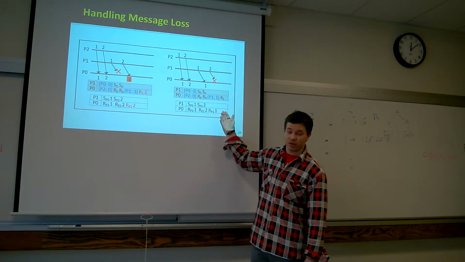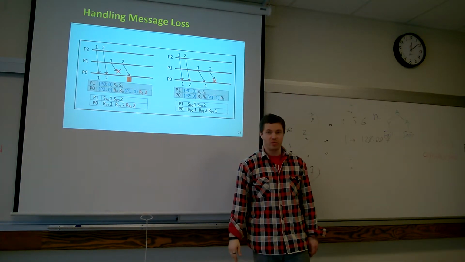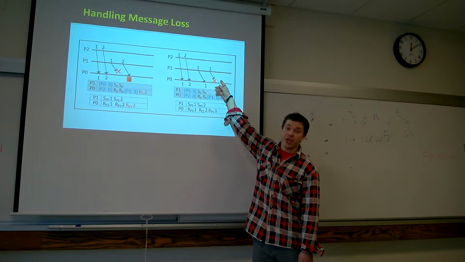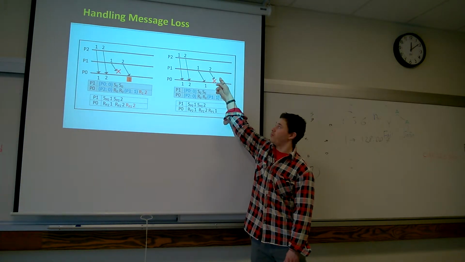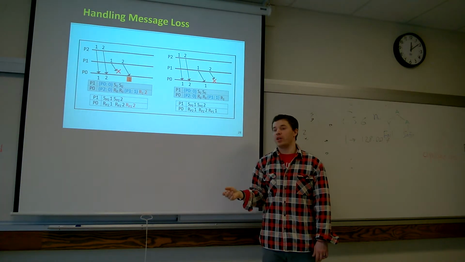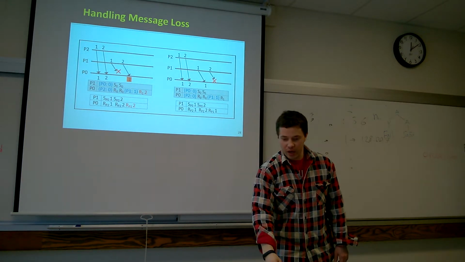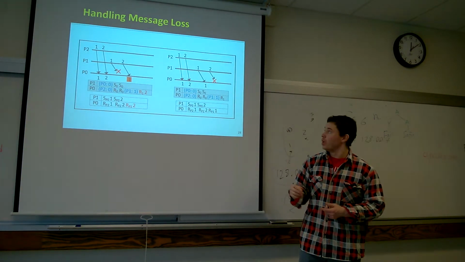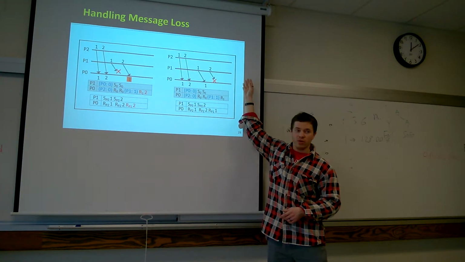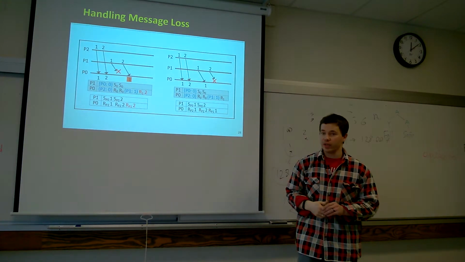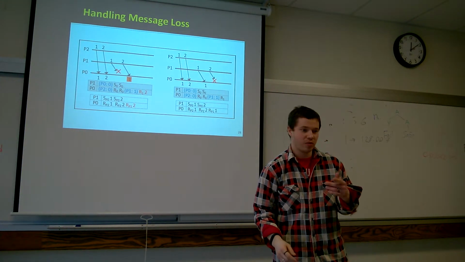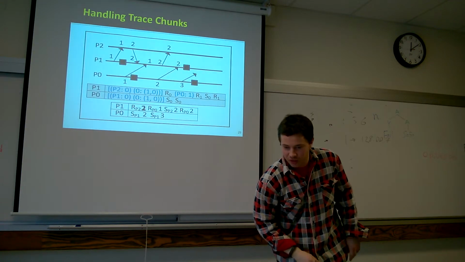So this is an issue. We now know that the last message sent by P1 was never received. And if it continues, we know that there are some issues with the link, or if it just happened once, it was an environmental issue.